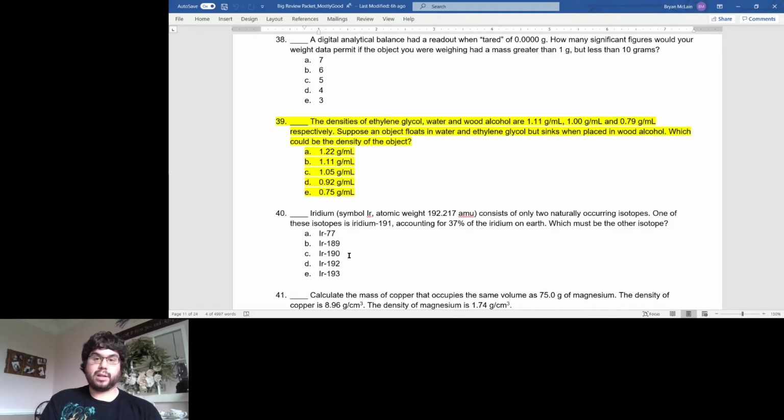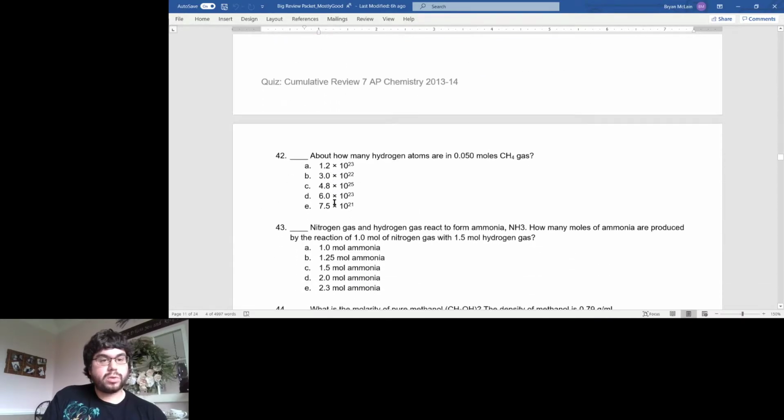Which would be the density of the object? So we're looking essentially for a density that is lower than 1.1 and 1, but greater than 0.79. So that's got to be D. Remember that things float when they have a density less than the thing that they're in. Next question, number 52 is what I have here.